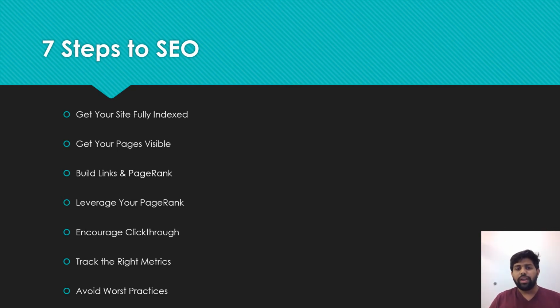So it is really important to have a really good page rank. It is also very important to leverage it and act accordingly, so that the page rank stays consistent. And then comes encouraging click through.